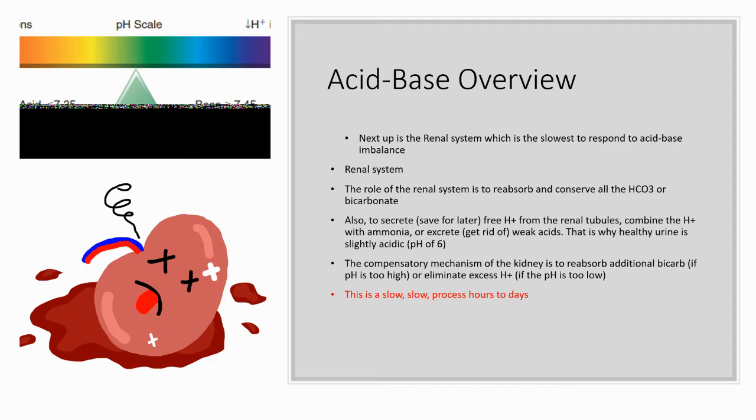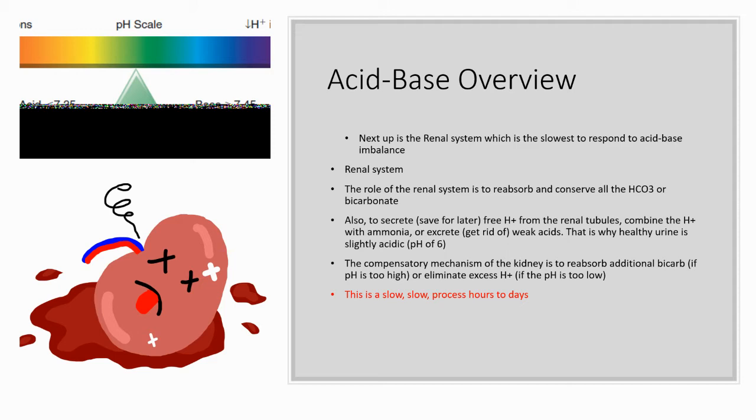The compensatory mechanism of the kidney is to reabsorb additional bicarb if the pH is too high, or eliminate excess hydrogen if the pH is too low. Now, a key point to remember is this is a slow process.